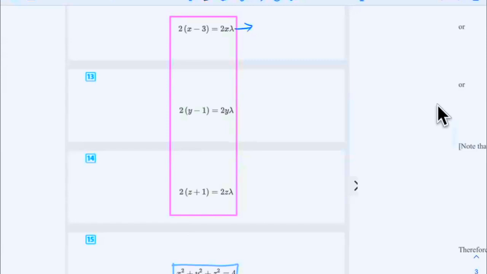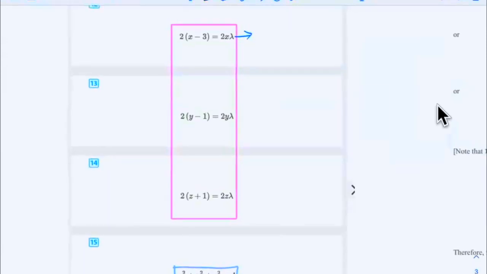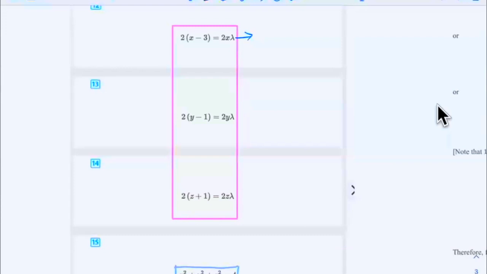What does x equal in terms of lambda? We can divide both sides by 2, right? x minus 3 equals x lambda. And then x is equal to 3 over 1 minus lambda, right? Do you agree?